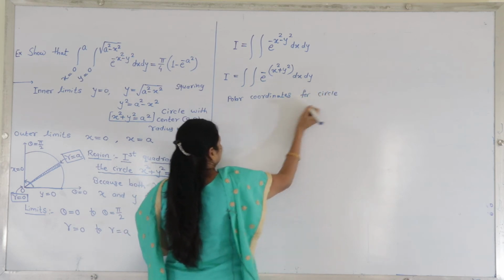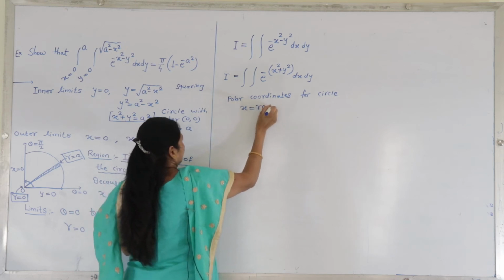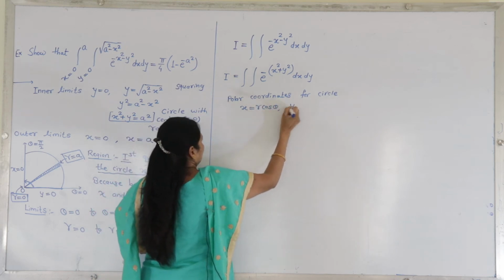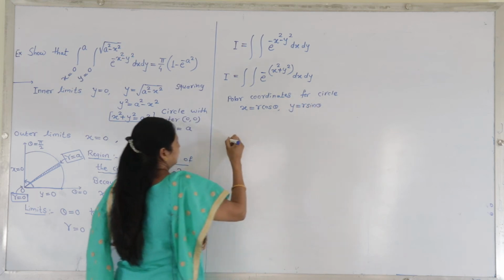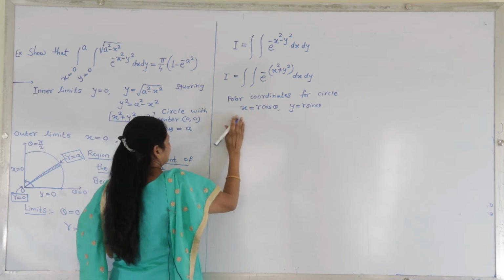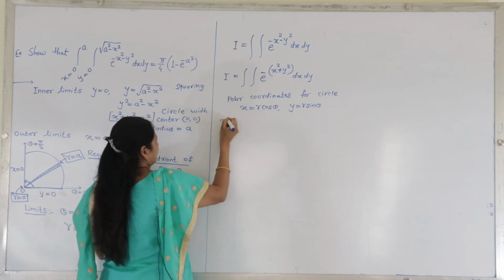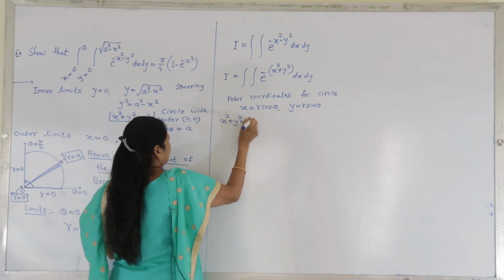are x is equal to r cos theta, y is equal to r sin theta, and x square plus y square is equal to r square.